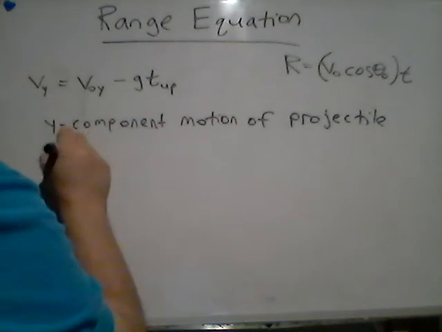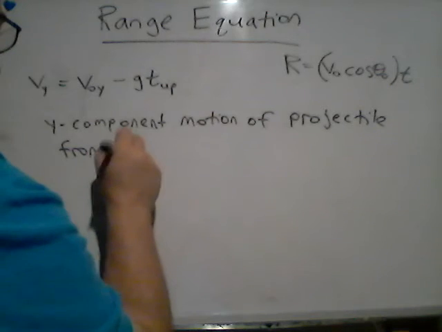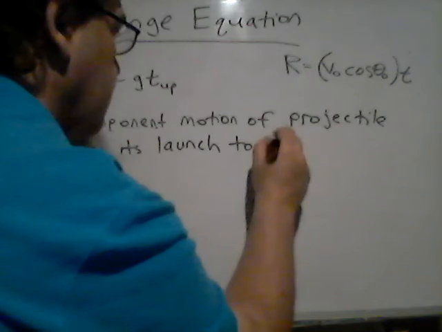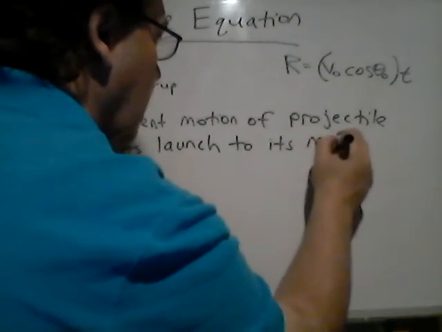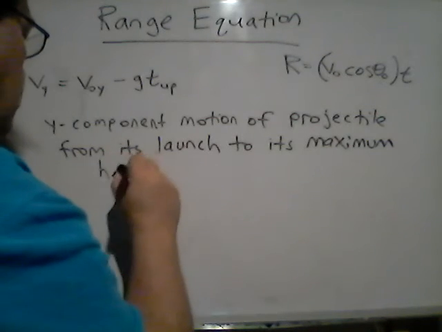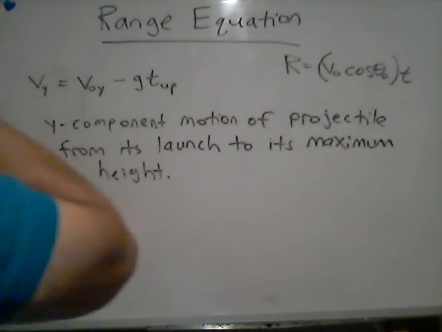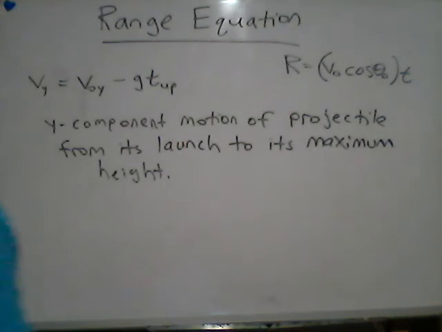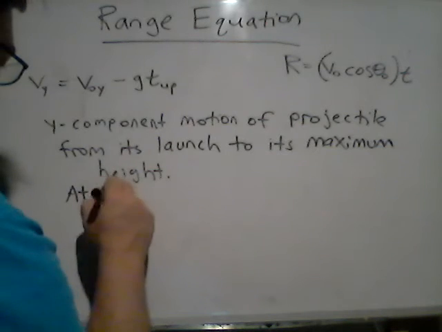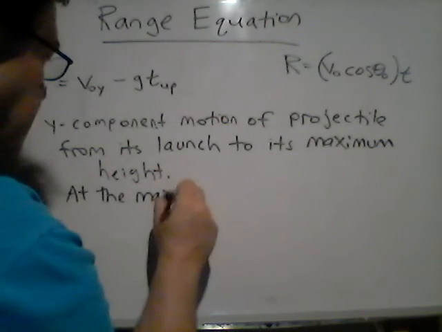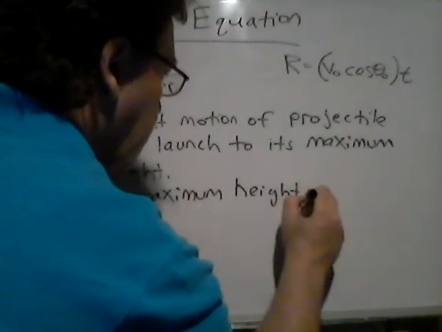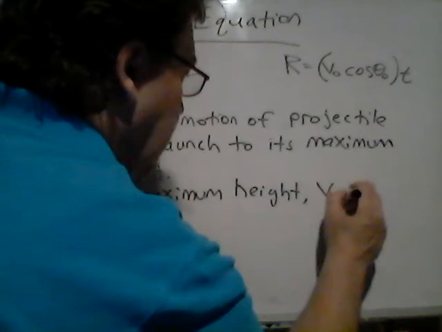From its launch to its maximum height. Now, we know that at the maximum height, v sub y is 0.